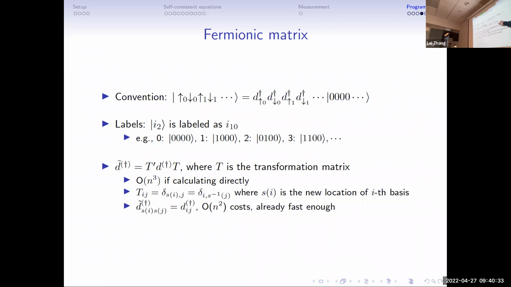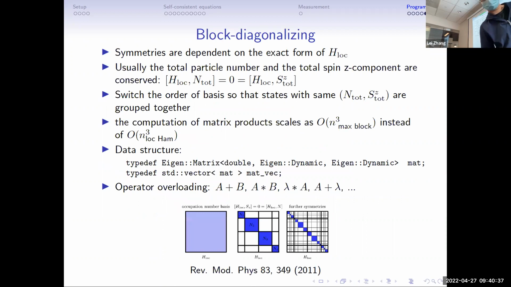Currently, I just use the original basis, and this is how to do the block diagonalization. The symmetry usually depends on the exact form of each local Hamiltonian. But usually, we know that the total particle number and total Sz spin are conserved.